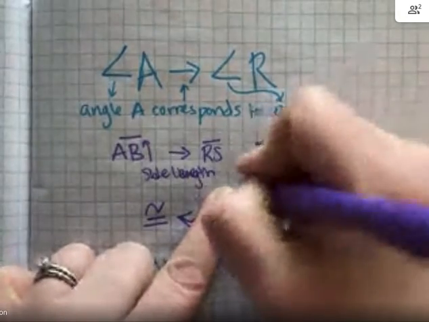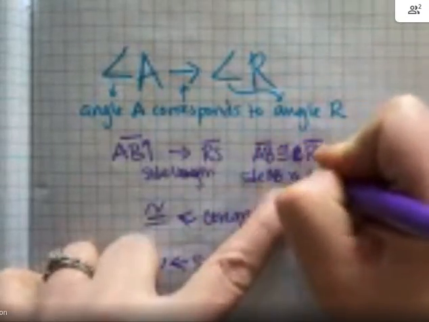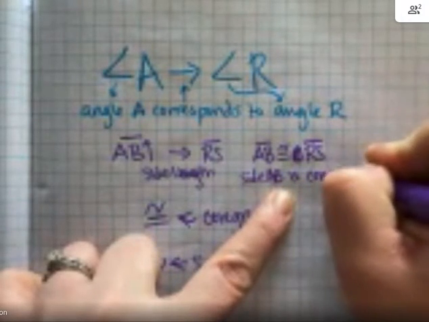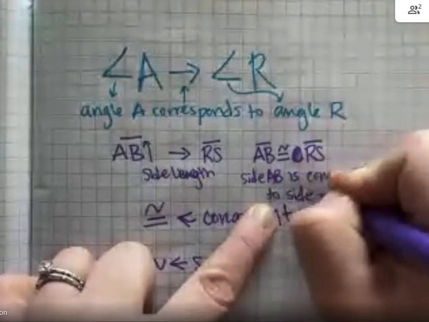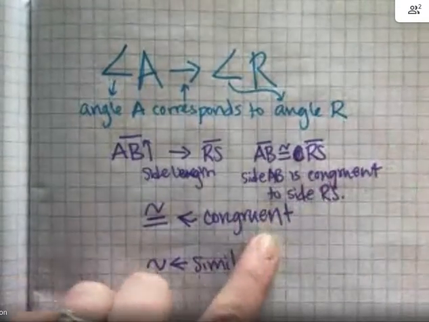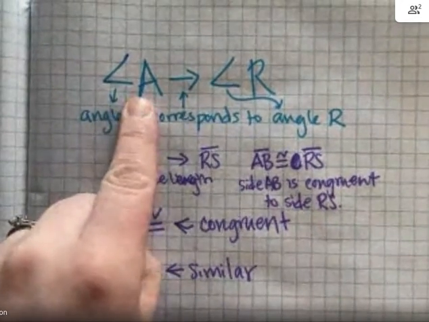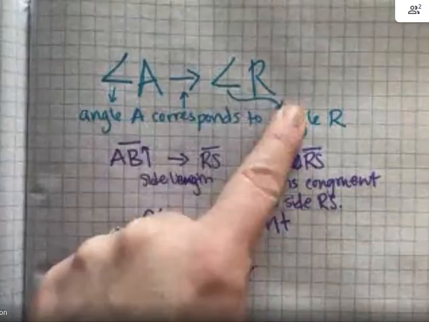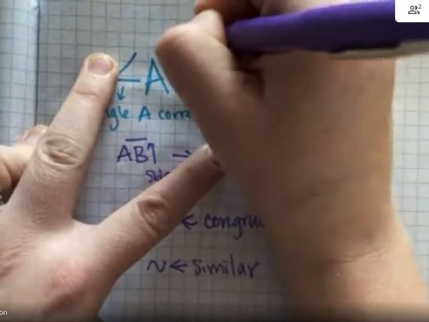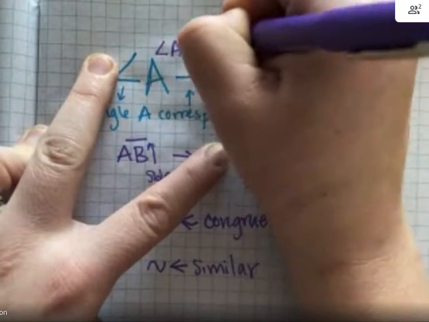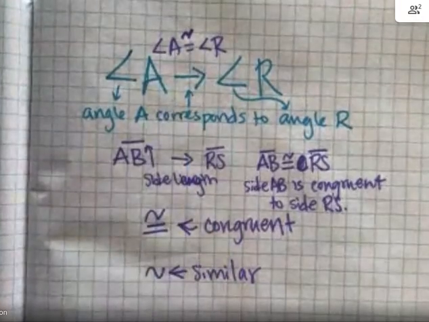And that's how I would say that. I'd say side AB is congruent to side RS as my final statement there. I can also say things like angle A is congruent to angle R. So I can write angle A is congruent to angle R.